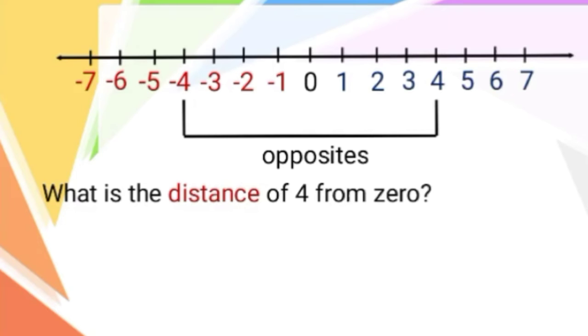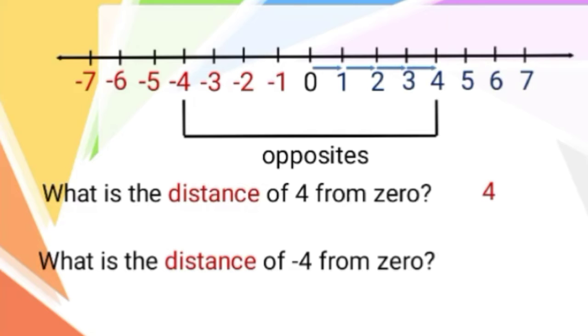So, we will count hanggang positive 4. 1, 2, 3, 4. So, the distance of 4 from 0 is 4. Okay, what is the distance of negative 4 from 0? Magbibilang tayo ng 1, 2, 3, 4. So, mag-e-end tayo sa negative 4. Gaano kalayo? Ilang units? That is 4 also.